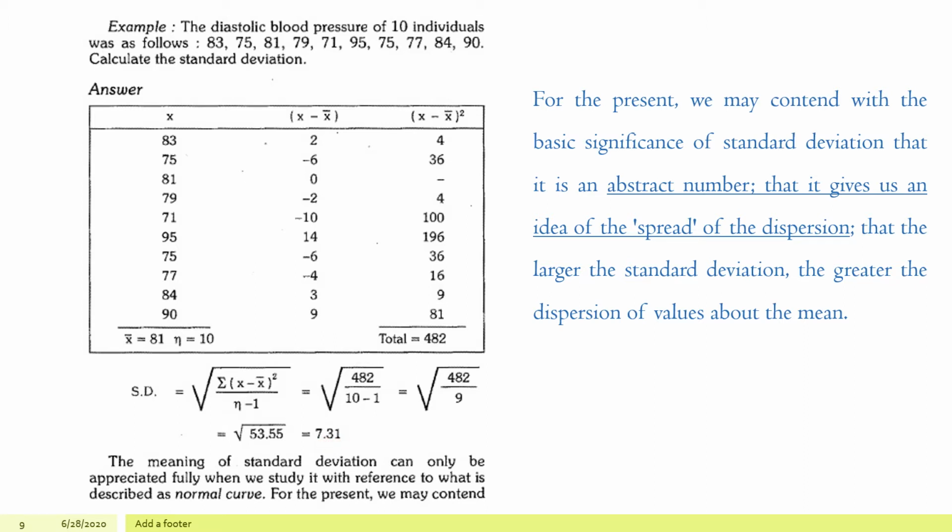For the present, we may content ourselves with the basic significance of standard deviation, that it is an abstract number that gives us an idea of the spread or dispersion: the larger the standard deviation, the greater the dispersion of values about the mean. So this is okay for measuring dispersion, and we most commonly use the standard deviation to measure dispersion.